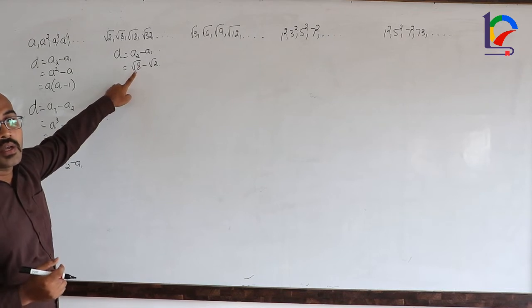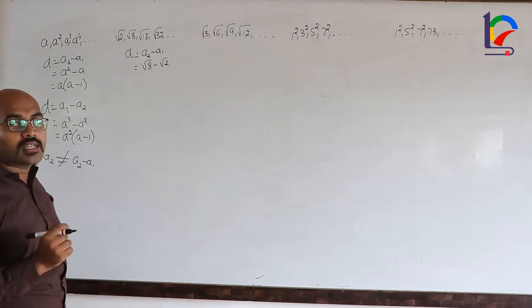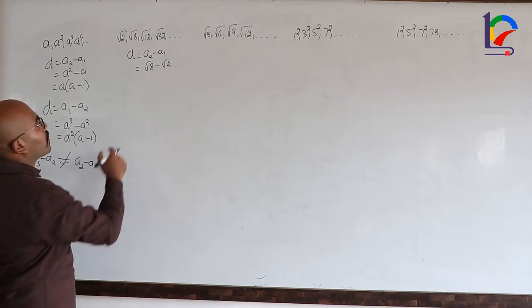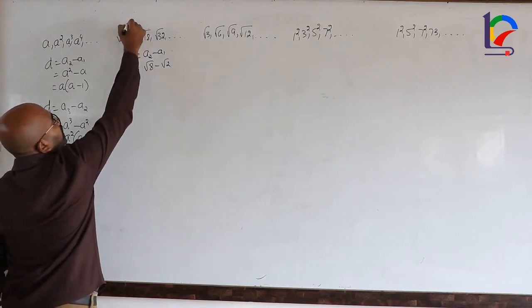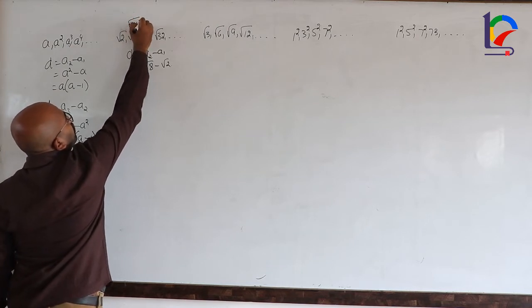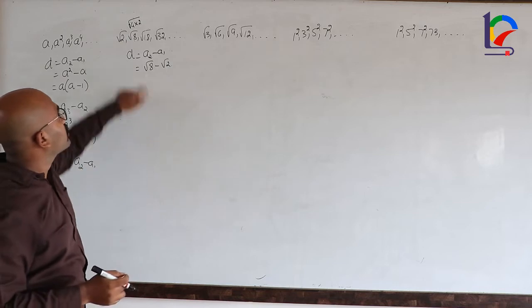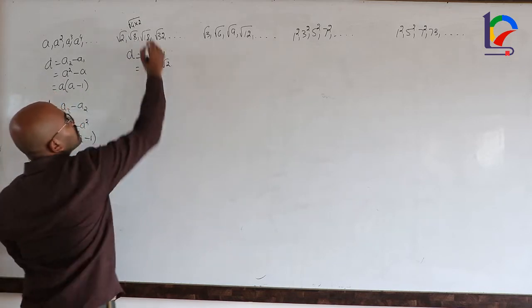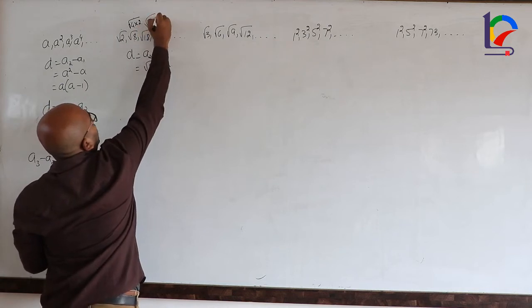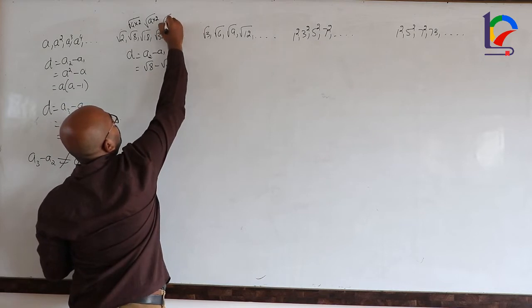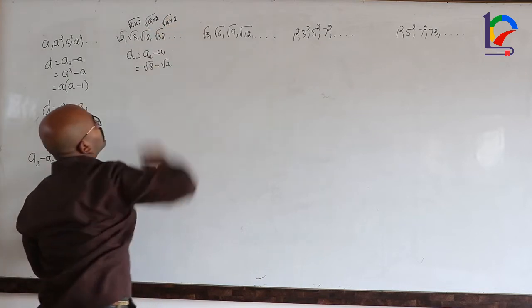So root 8 can be written as root of 4 into 2 under the roots. Similarly, I can write root 18 as root of 9 into 2, and similarly root of 16 into 2.